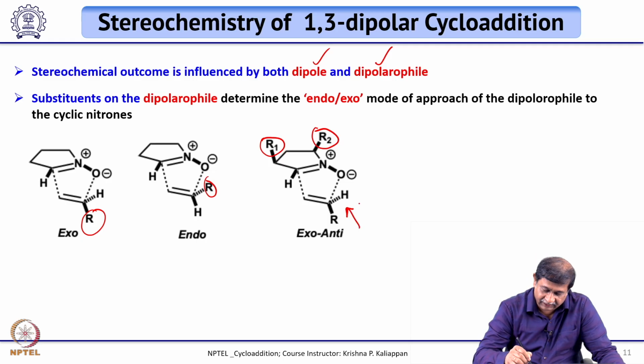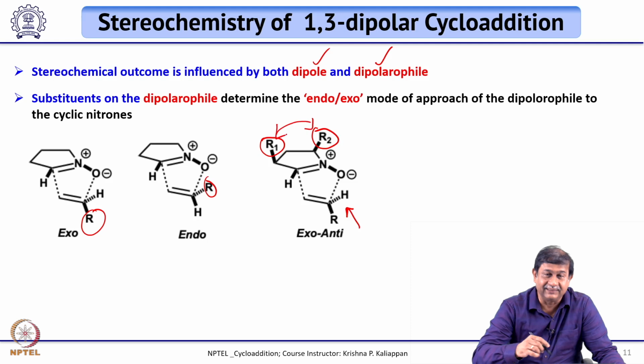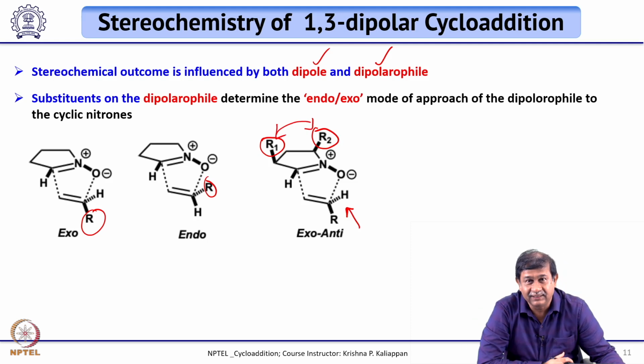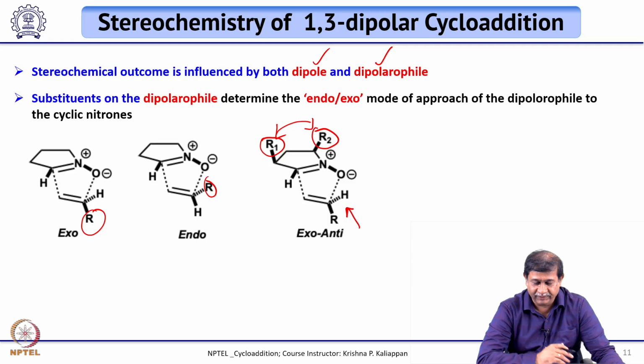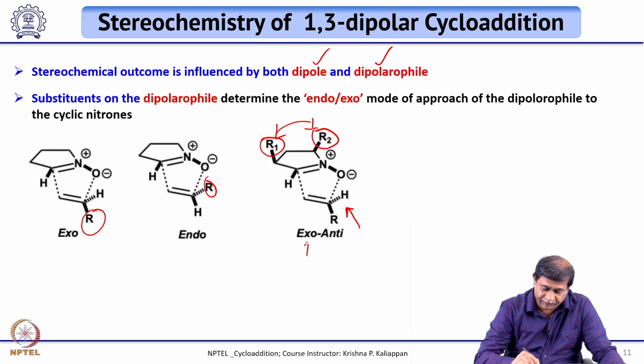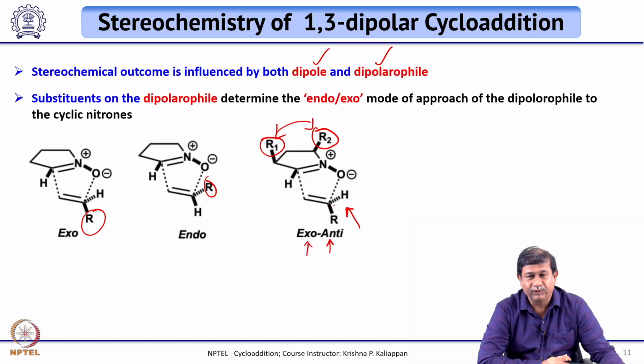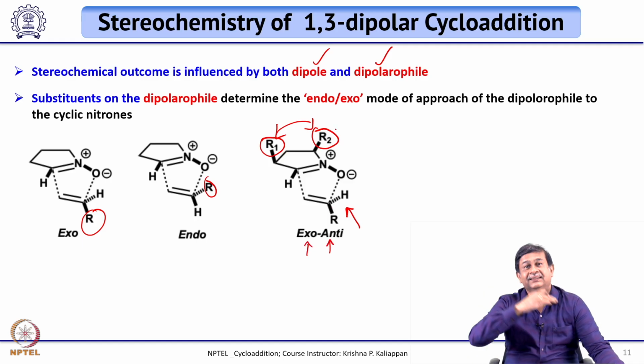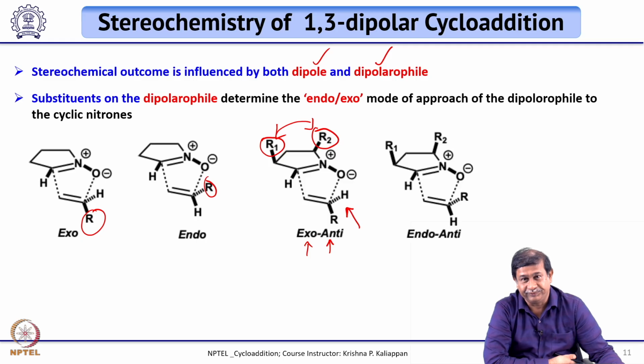But this dipolarophile also comes opposite to the two substituents present here. That is anti to the two substituents present in the dipole. Okay. This is called exo and anti. Exo with respect to the dipolarophile, anti with respect to the substituents present in the nitrone or dipole.